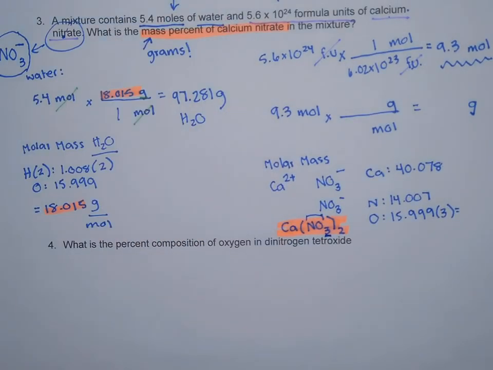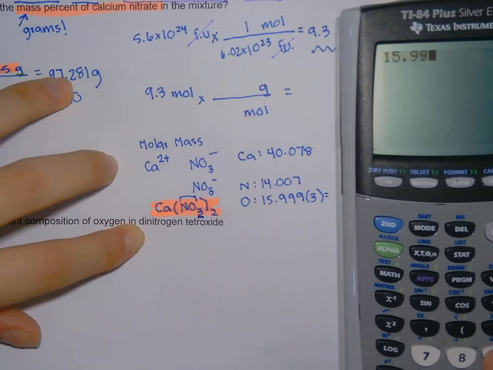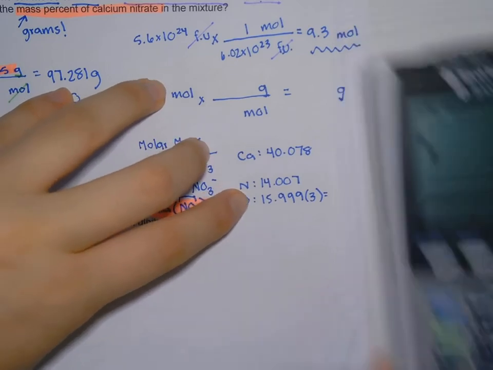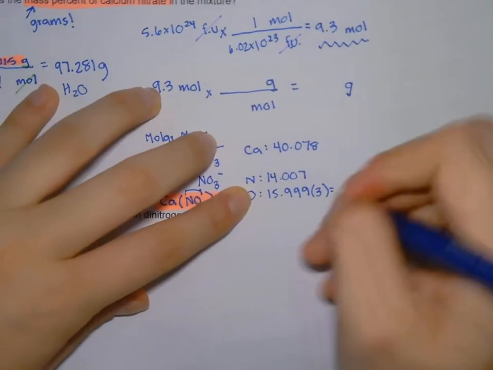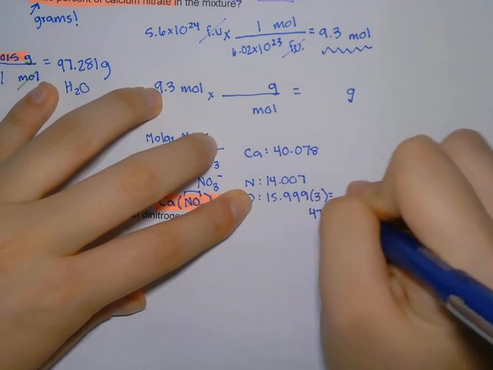And let's figure out what that is. 15.999 times 3 is 47.997.